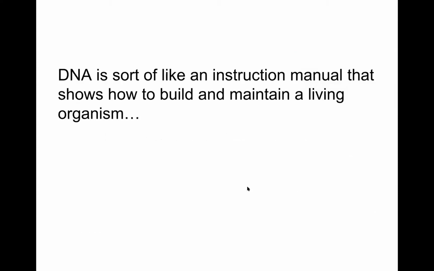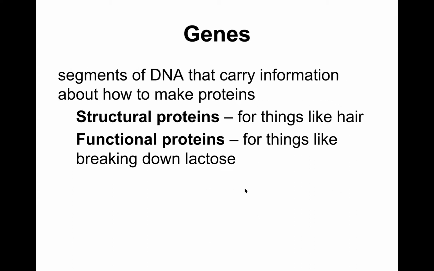DNA is sort of like an instructional manual that shows how to build and maintain a living organism. Genes are segments of DNA that carry information about how to make proteins. Structural proteins would be things such as hair. Functional proteins are for things like breaking down lactose.